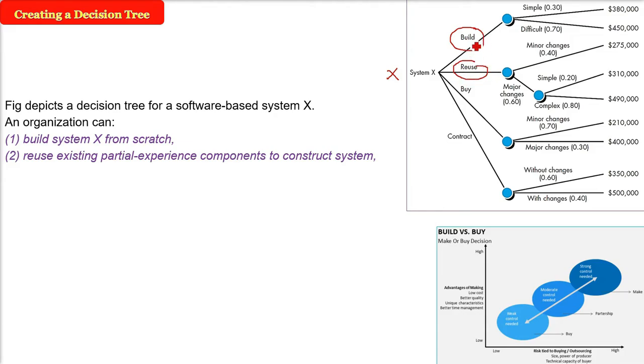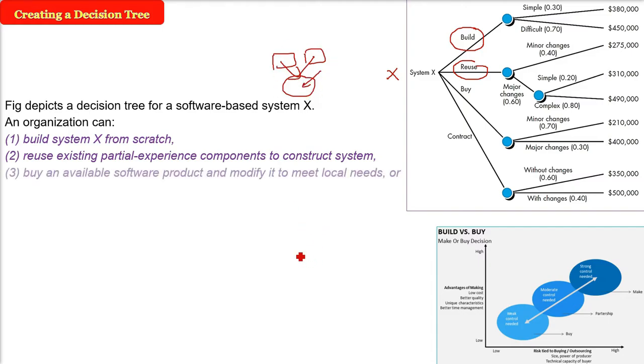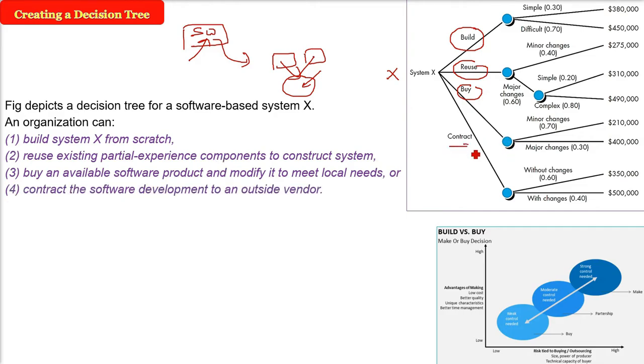They are already there; we use them, put in some more code and make the software. Or you can buy an available software product and modify it with respect to our local needs. This is the third thing we can do. Or the organization can contract the software development to an outside vendor or company. So these are the different options.